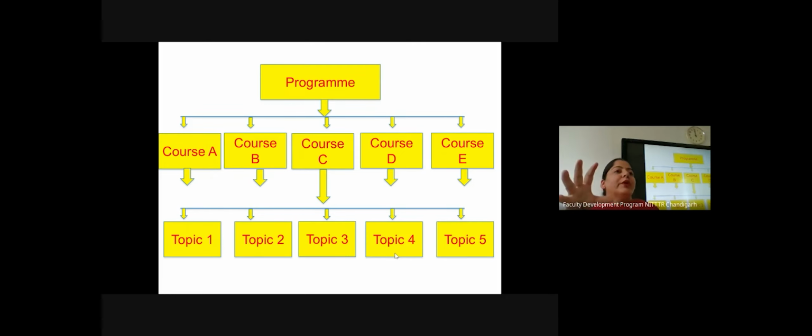Once the program is set, say we take the example of mechanical engineering, there may be 32 to 36 different subjects we are going to offer to that candidate. Those 32 or 36 subjects are nothing but the courses. So we offer a number of courses with respect to the program objective.